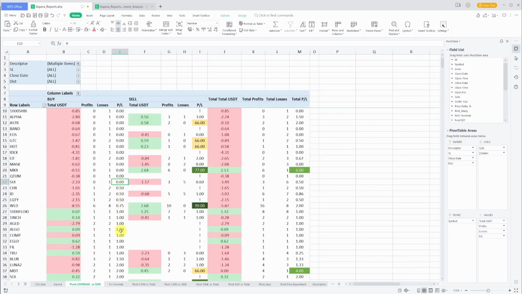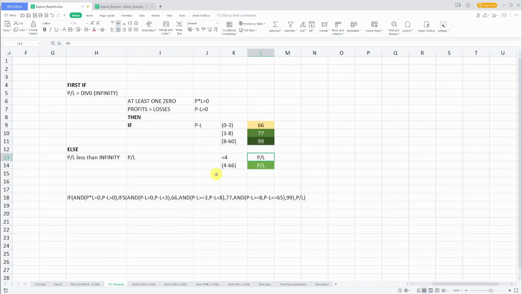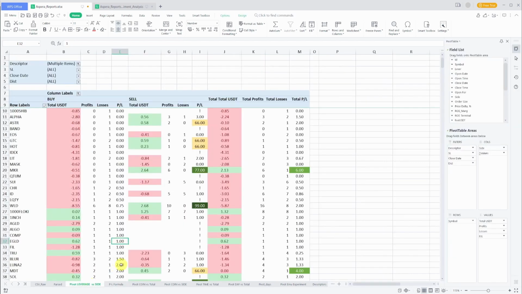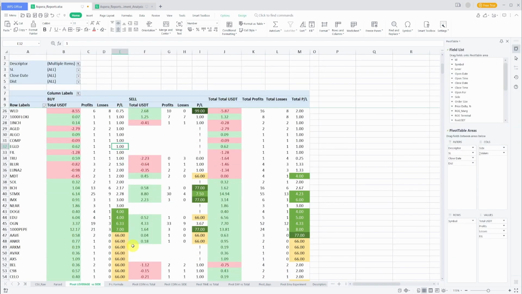Here, these are not interesting to us. Else, if the range is from 4 to 66, again a random big number, and not to be confused with this one, it's not inclusive, then we highlight this in green, which means it's a good profit-to-loss ratio. Even though there have been some losses, we're still good. And you can see examples of them right here.